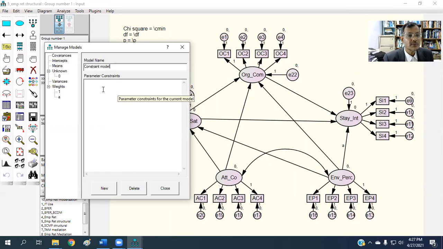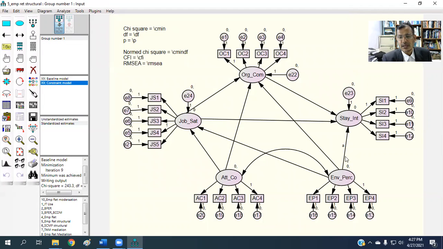In this constraint model, I will put a equal to 0. That means this path does not exist. So we have two models. The baseline model is the complete model with the direct path. In the constraint model, there is no direct path. All right, so now we run.